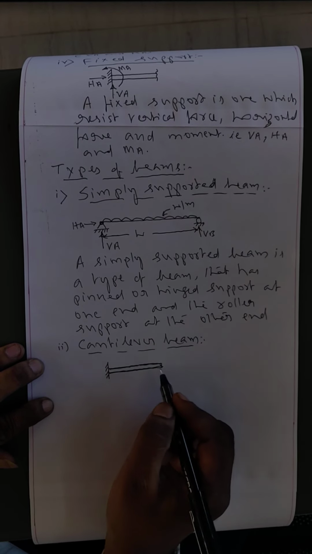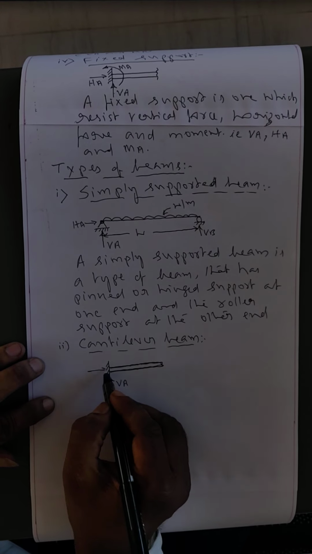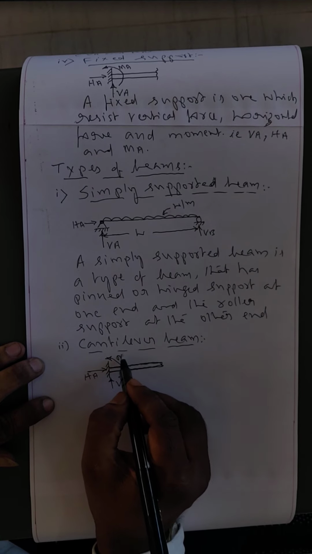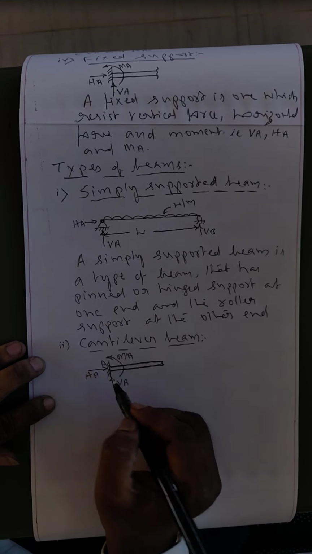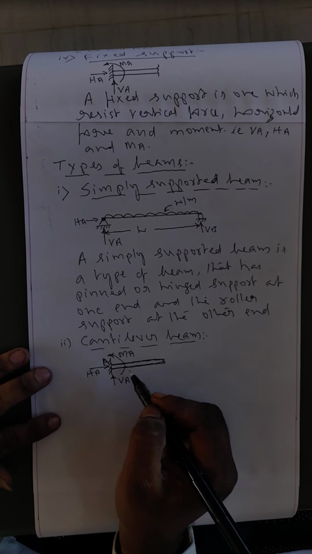Here there is no support. Therefore, the fixed end will develop VA, HA and MA. Three reactions it will develop if this end is A. Therefore, what is a cantilever beam?